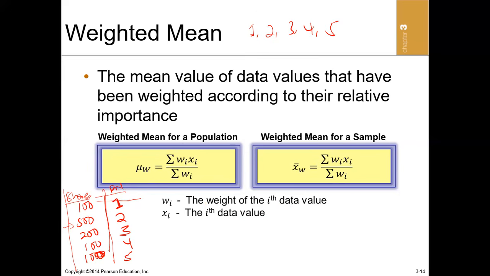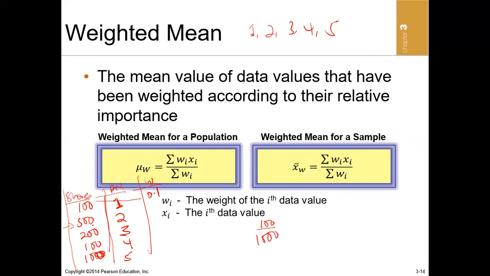The weight of 1 cedi will be 100 shares divided by the total number of shares. The total number of shares is 100 plus 500, 600, plus 200, 800, plus 100, plus 100, so 1,000. So the weight of the person who is saying we should pay 1 cedi is 0.1.